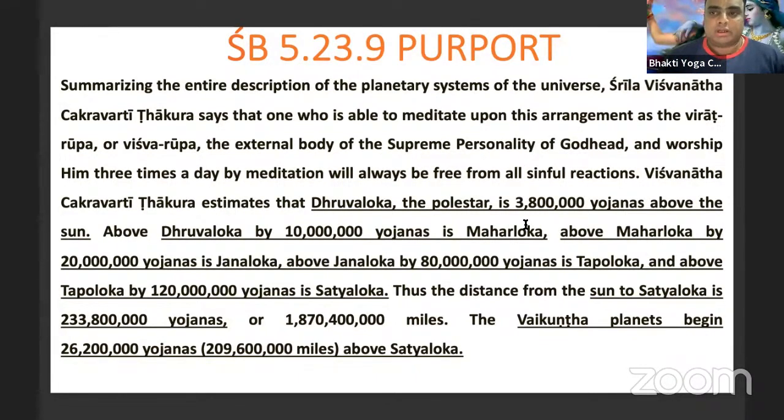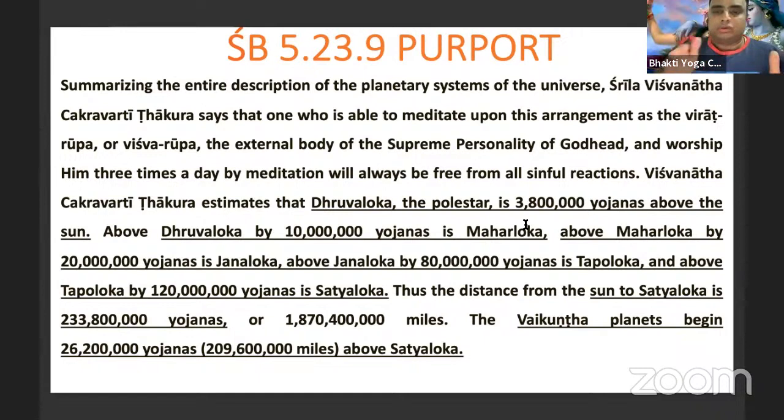But we also saw from last week's session, in the last verse of the last chapter regarding the Madhya Loka, that according to estimates by Vishwanath Chakravarti Thakur, he has made an estimation about the vertical diameter of the Brahmanda. The horizontal diameter was described much earlier, because this entire series on Madhya Loka started from chapter 16 of the fifth canto.